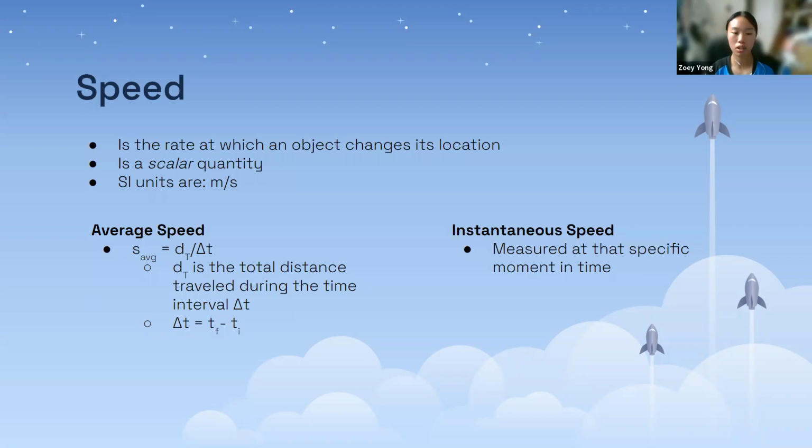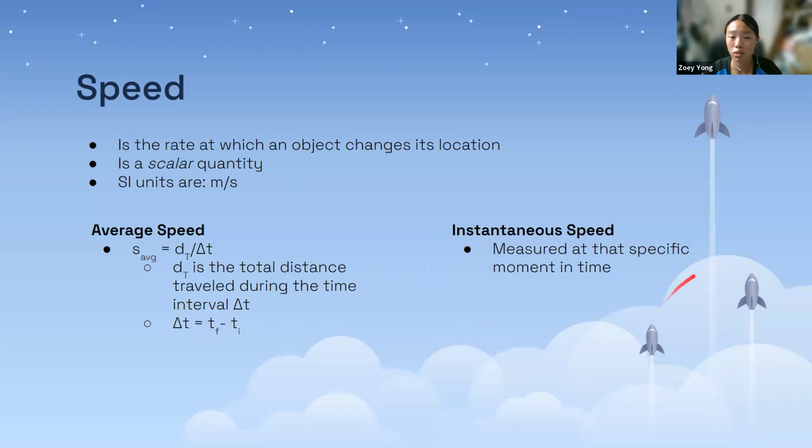The first time when you started it is going to be 0, because you just started the timer. And the final time when you stop the timer is going to be this t f right here. That's how you would apply it in an experiment if they don't give you the change in time. But the problems we're doing later are just going to give us the change in time.